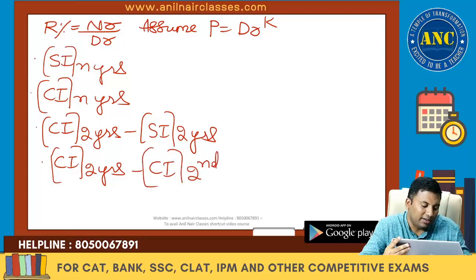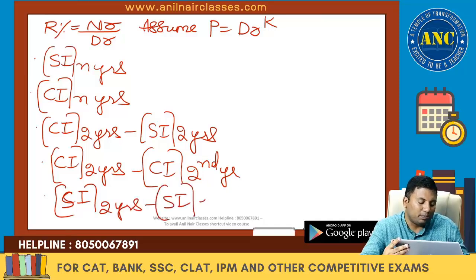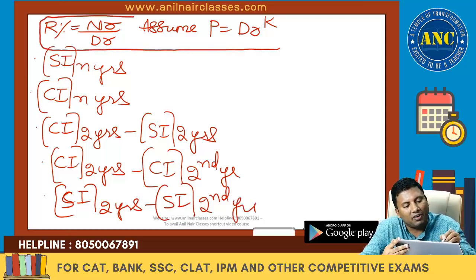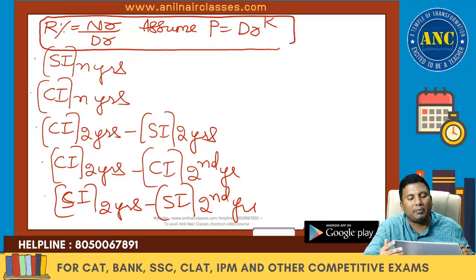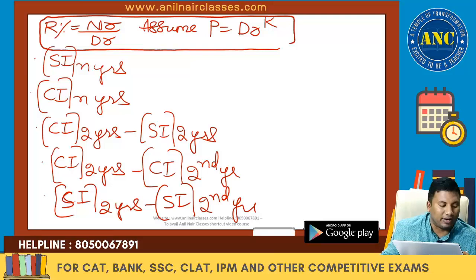You can solve CI for SI for 2 years minus SI for second year. All these problems can be solved by using this approach. If R percentage is numerator by denominator, principal equivalent to denominator power k.